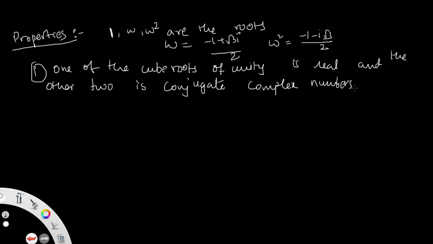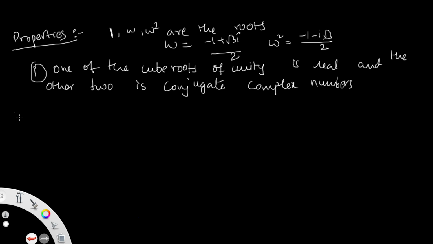One root is a real root. Omega and omega square are conjugate complex numbers. The sign in the middle is plus for omega and minus for omega square. That is why we say the other two are conjugate complex numbers.